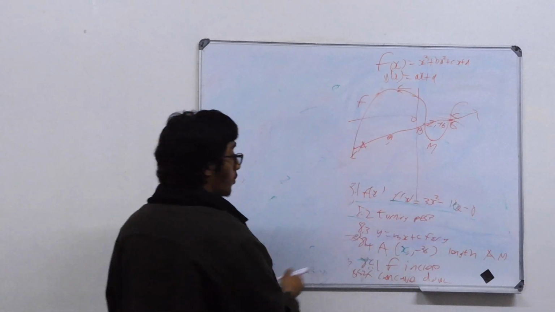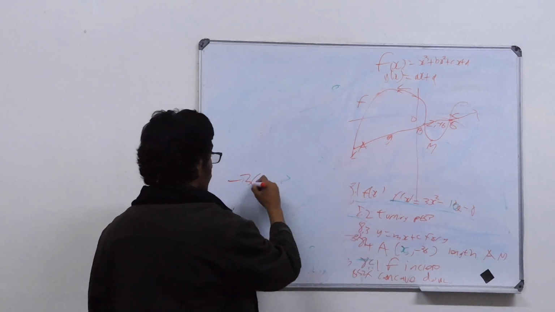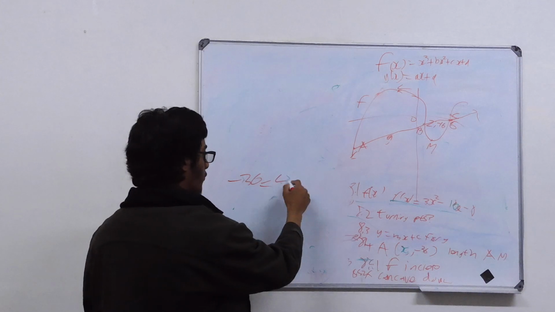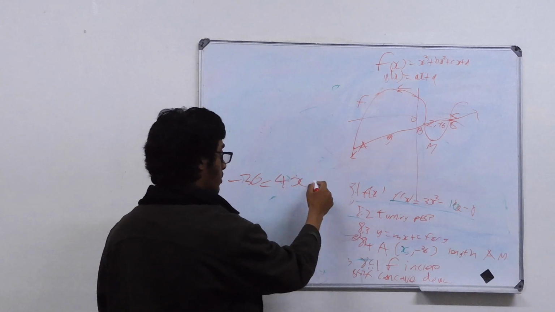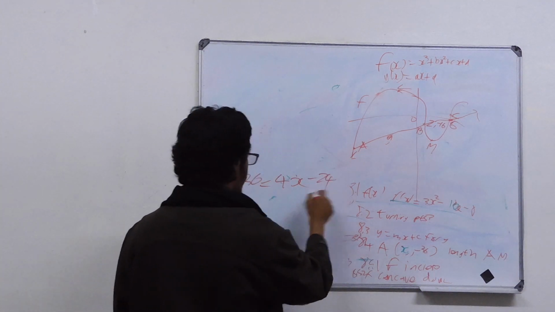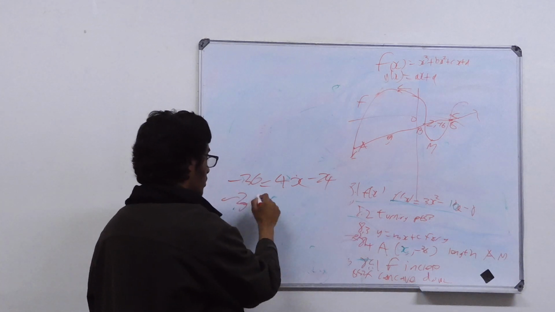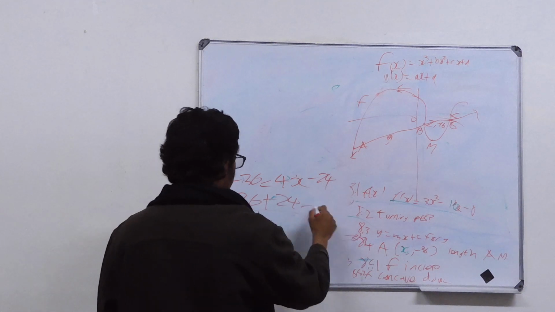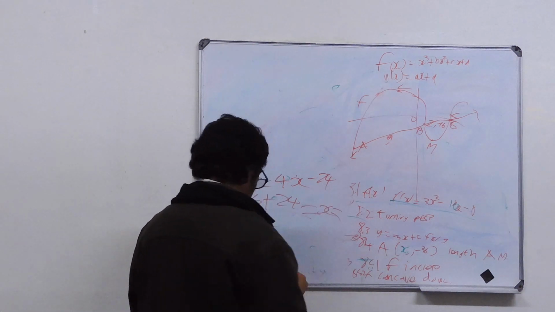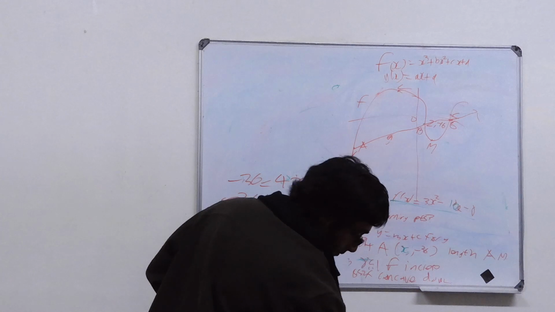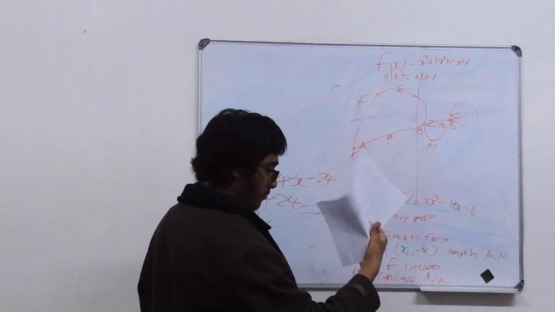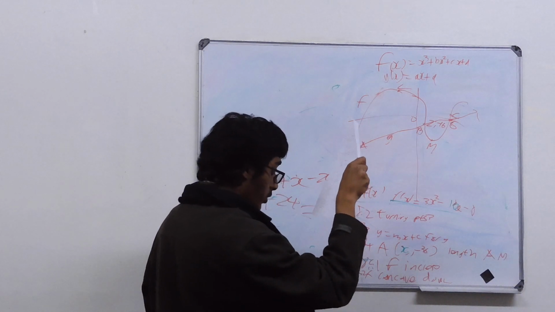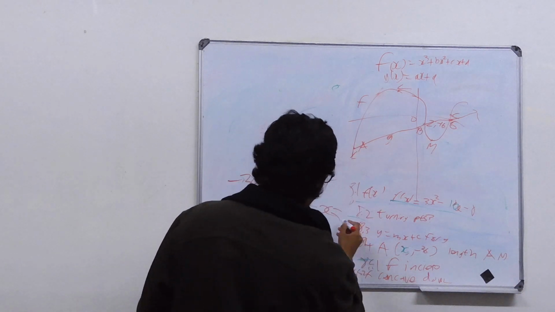G is the easiest formula, so -36 equals 4x minus 24. So we take minus 24 to this side, it becomes plus 24. Then we divide by 4, that equals x, and according to my notes, it equals -3.